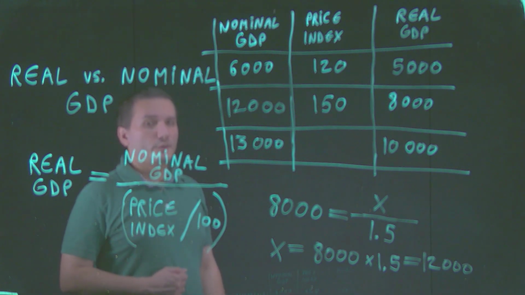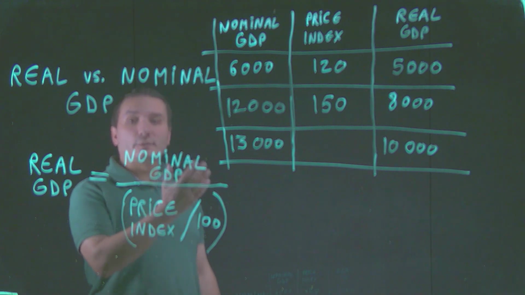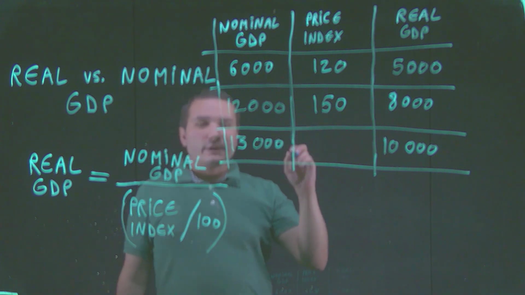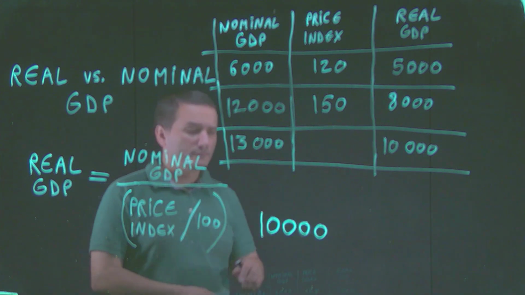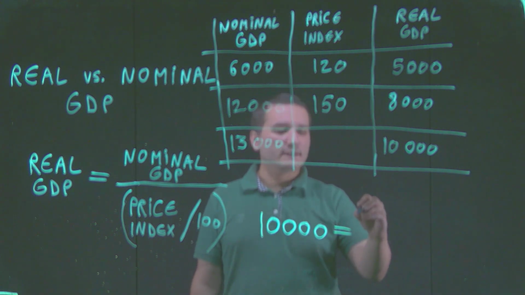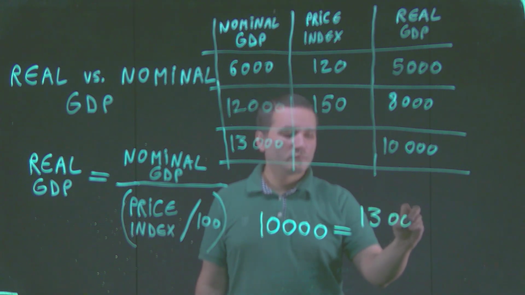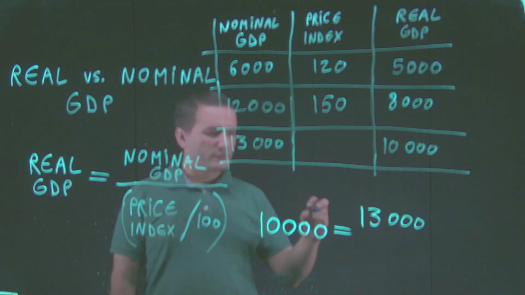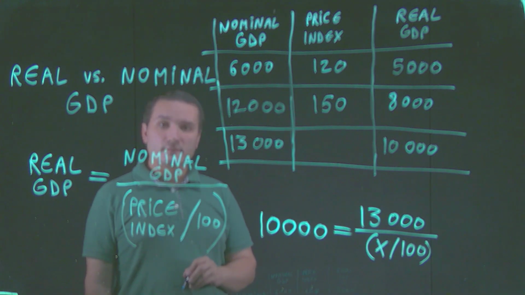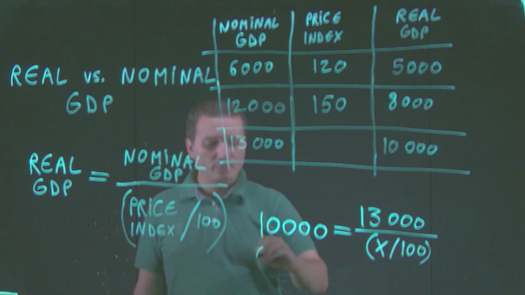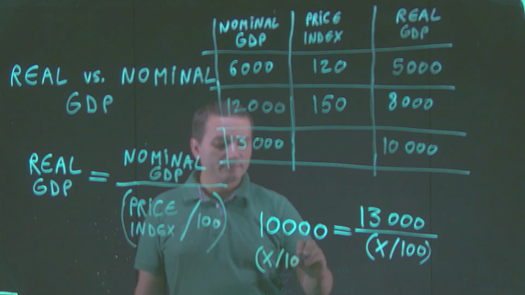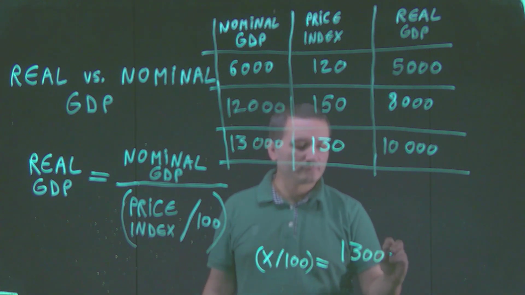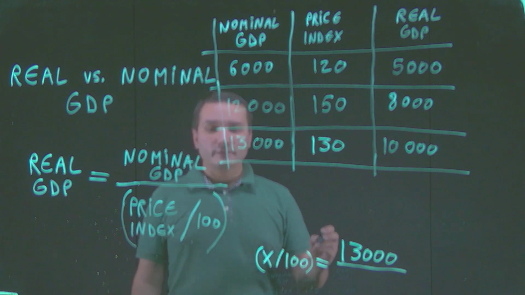Now let's go on to row number 3. Here we know the real GDP and the nominal GDP, but we don't know the price index. So let's find out. Real GDP is 10,000. This is equal to nominal GDP, in this case 13,000, divided by x over 100. Switching this around, x over 100 is equal to 13,000 divided by 10,000.